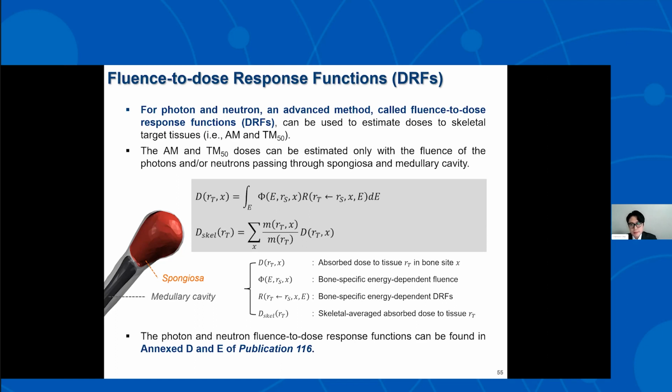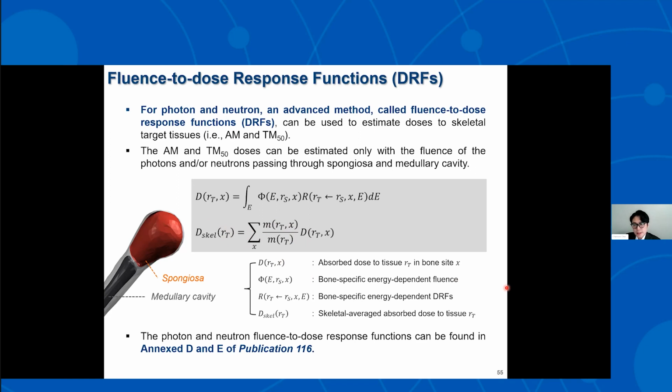But for this method, we need to calculate the fluences for each spongiosa and medullary cavity first, and then multiply the fluence-to-dose response functions corresponding to incident energies. And after adding them, we can get the dose to the skeletal tissues for each bone site. And finally, we can get the dose to entire skeletal tissues after applying the ratio data and adding them in the same way as the previous method.